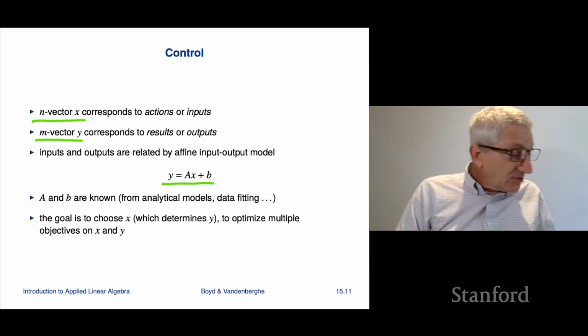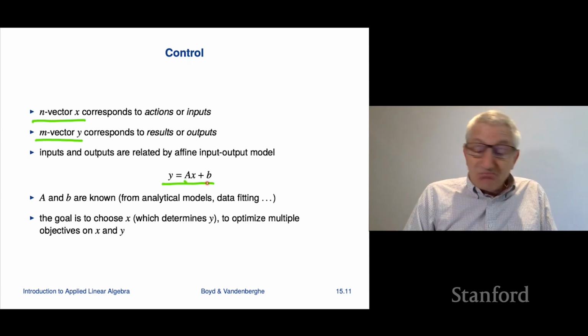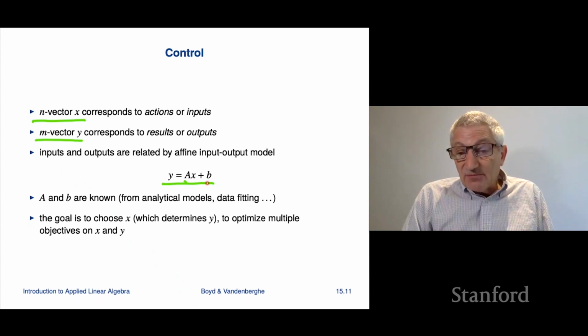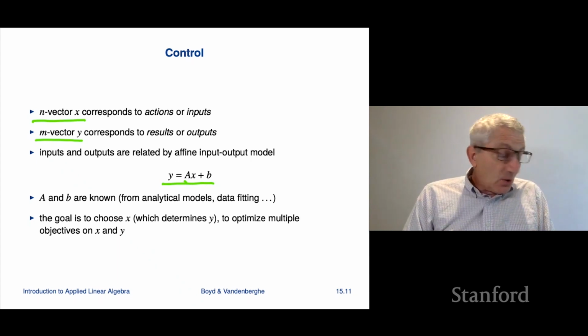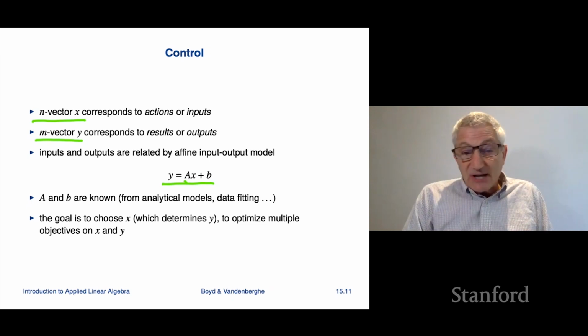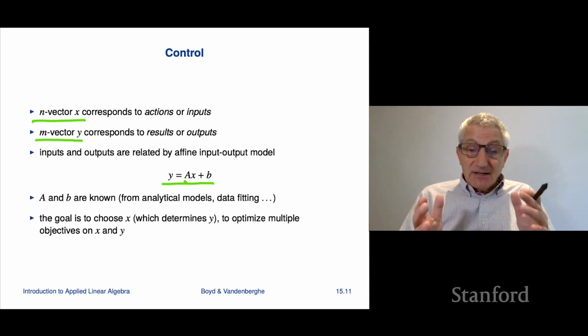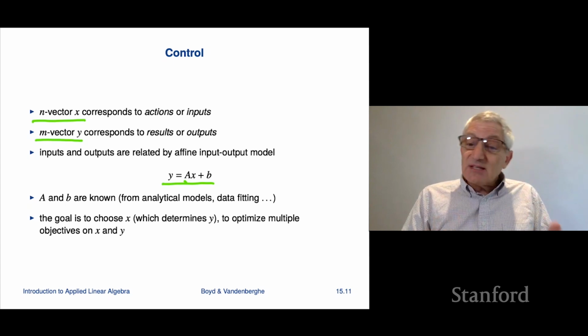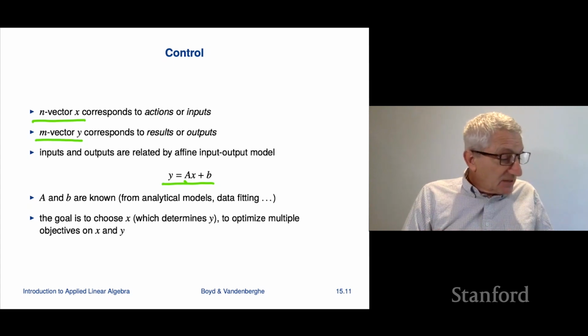Now, the matrix A and b are known, and they can come from all sorts of things. They could come from first principles physics models, or from data fitting, where you fit data to make this equation approximately hold.